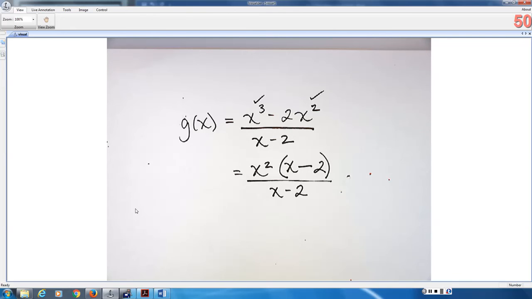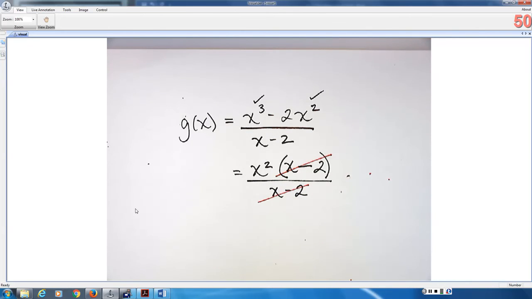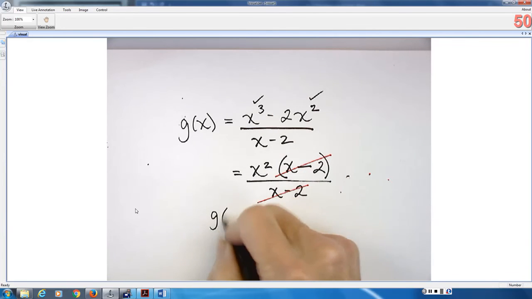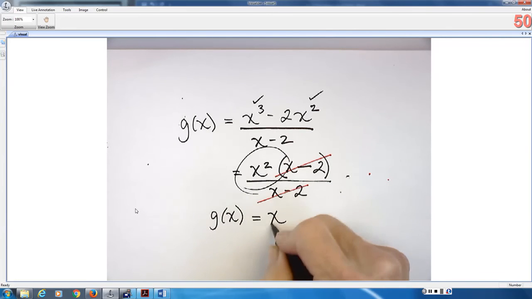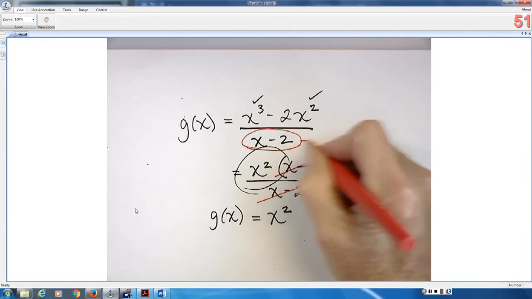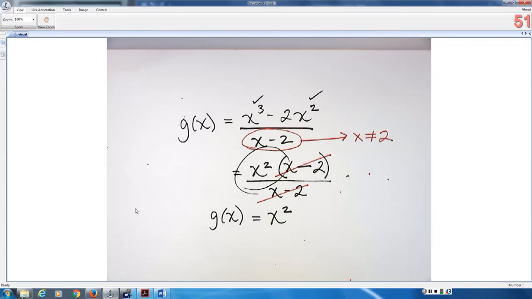But now that I've factored it, I can take out the common factor, and that tells me that g of x is equal to x squared, except the original g of x had a restriction in its domain. x wasn't allowed to be 2.